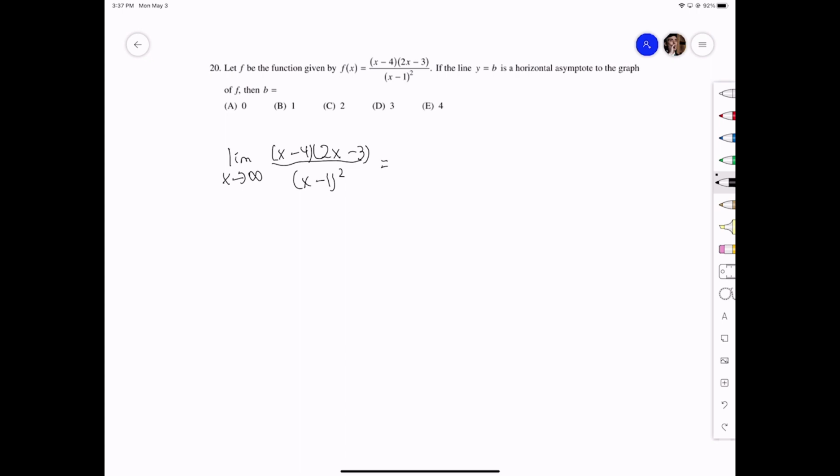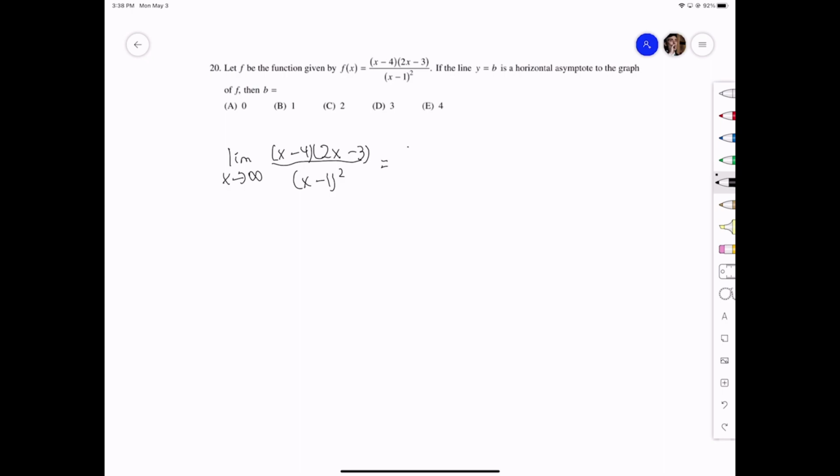So if you remember in that other slide, for limits with infinity, if the highest power of the numerator and denominator are the same, then you just do the coefficients. So I see that they're both going to be the same because they're both going to be x squared.